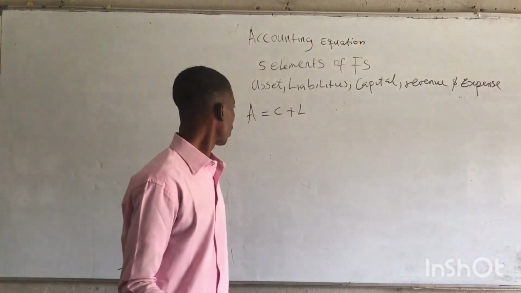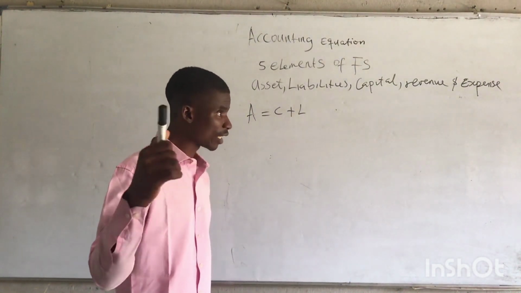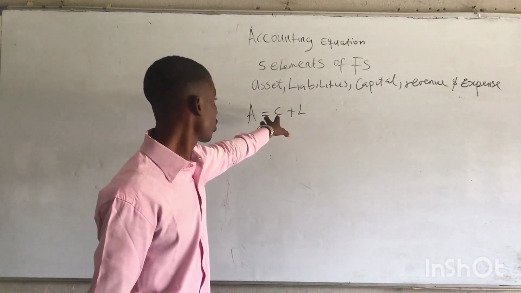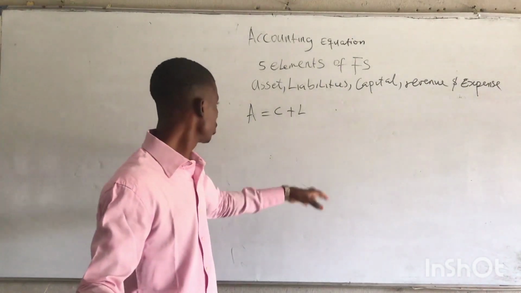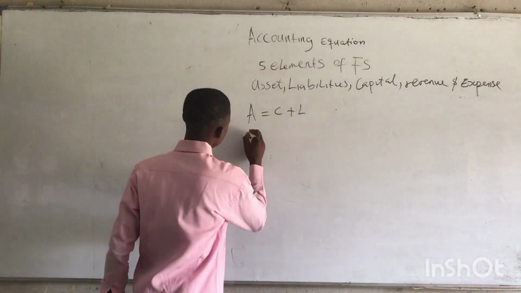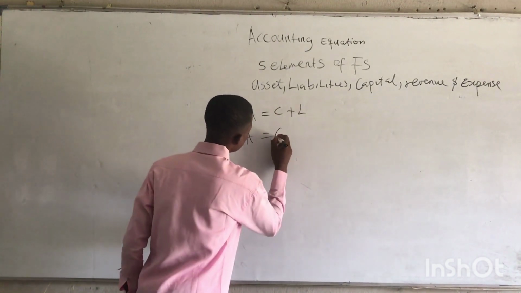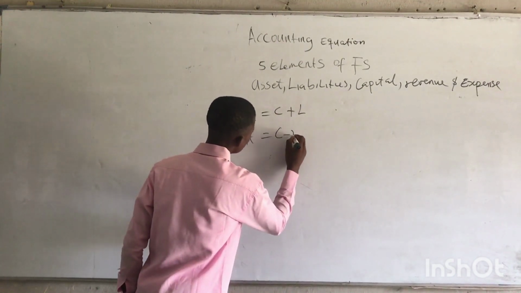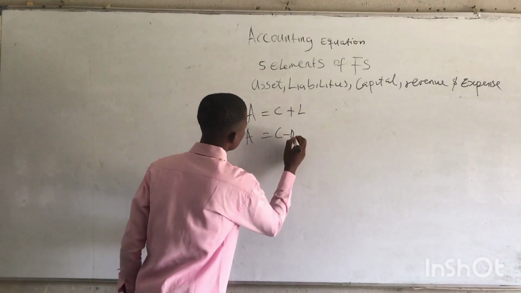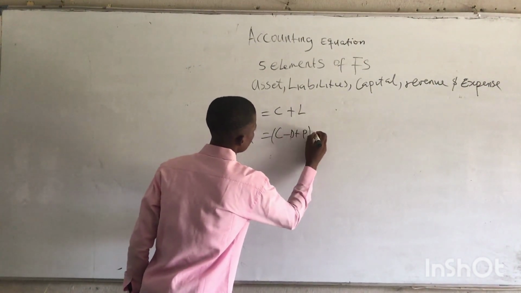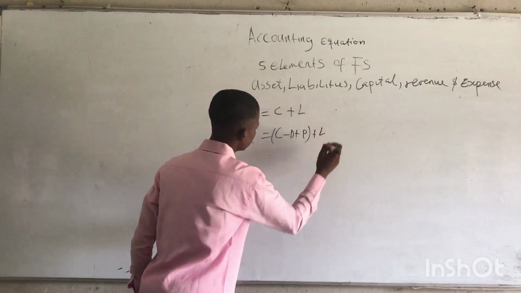And so, from the point of view of a sole trader, I can actually expand this equation without altering the meaning. And how do I do it? Now, you can say asset is equal to capital minus drawing plus profits. Then you bring down the liability.